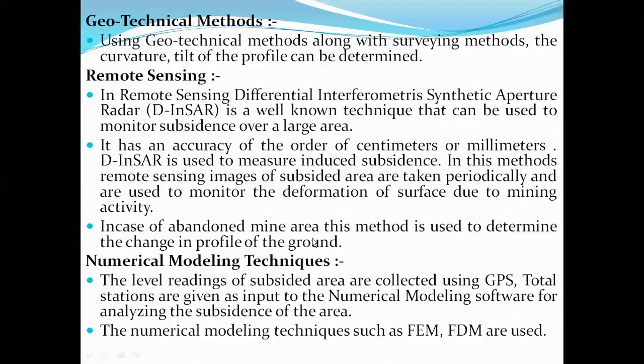Next, in case of abandoned mine areas, this method is used to determine the change in profile of the ground, how exactly the profile changed over a period of time.